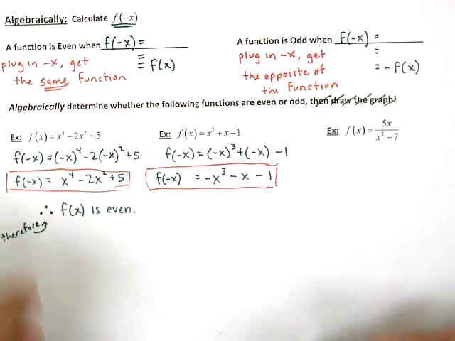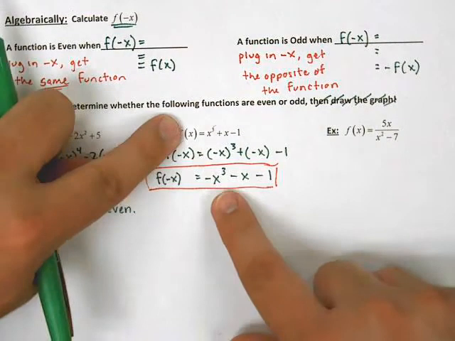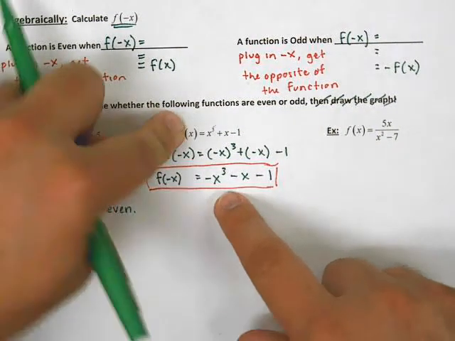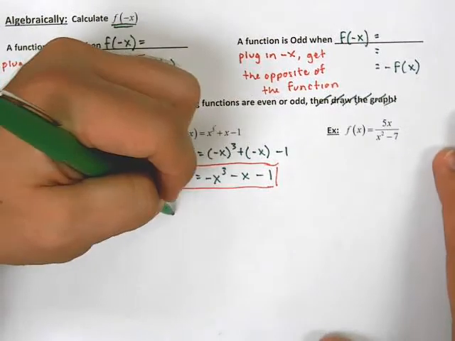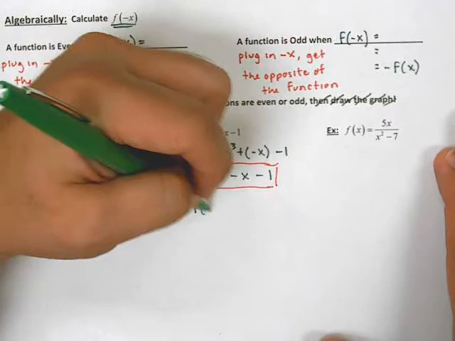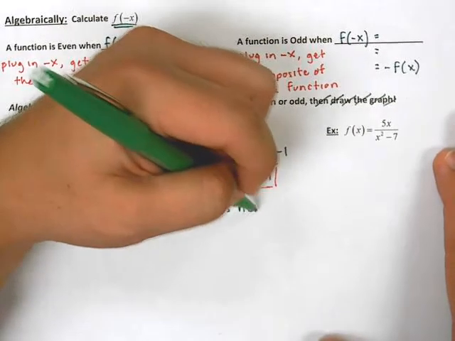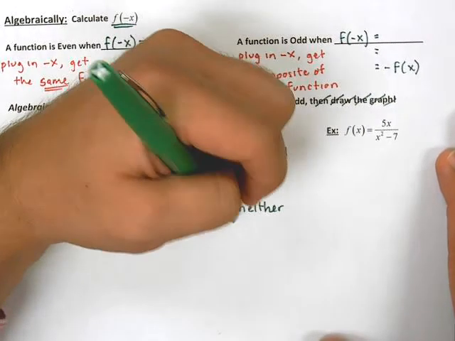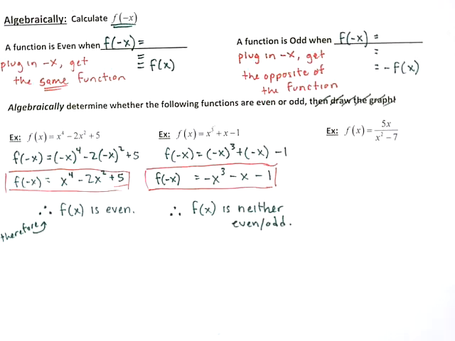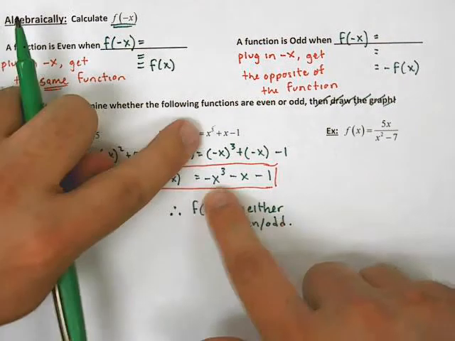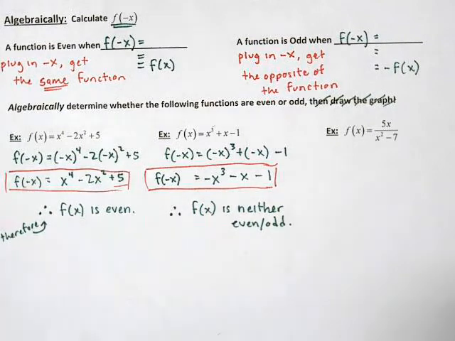Because these two functions are not completely the same, or not completely opposite of each other, what we are going to say is that f of x is neither even nor odd. If you wanted to just write the word neither, I would accept that. I'm just trying to be thorough, okay? So again, because these are not completely the same or completely opposite, it's neither.